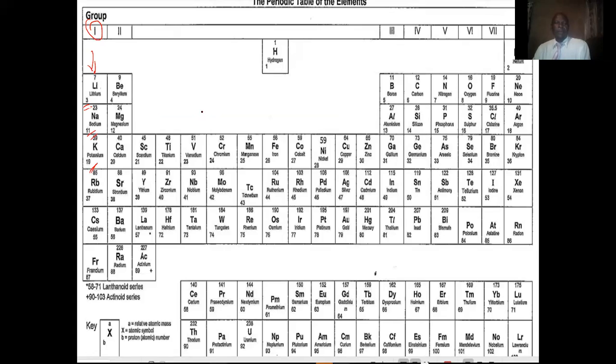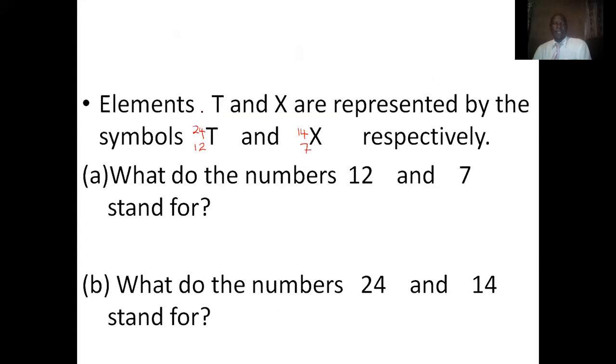And so basically we'll look at the periodic table. And this periodic table, we'll use it to answer questions. So the first part of the question is as follows. Elements T and X are respectively represented by the symbols T, with 24 on top and 12 at the bottom, and X, with 14 on top and 7 at the bottom.